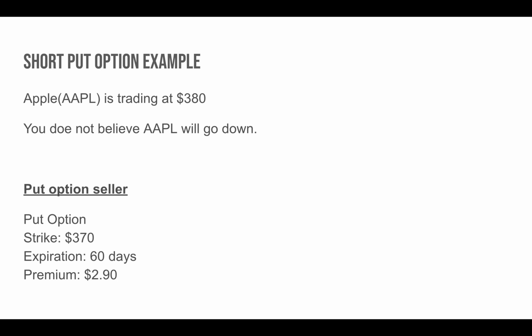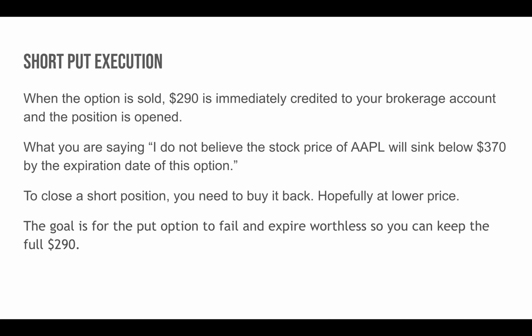Let's take a look at Apple. Let's say that it's trading at 380 and you do not believe that Apple will go down. So you decide to sell a put. The strike is 370. The expiration date is 60 days away, and the premium is $2.90. So what happens is when the option is sold, $290 is immediately credited into your brokerage account and the position is opened.